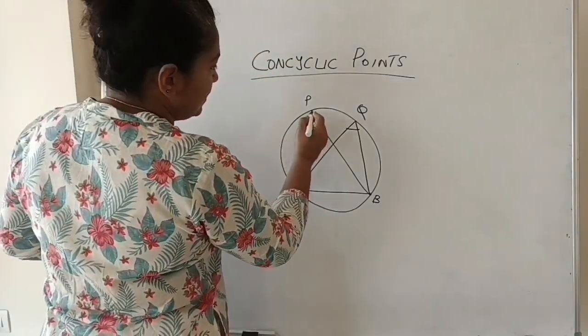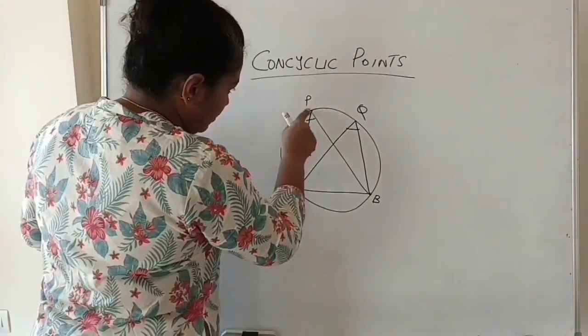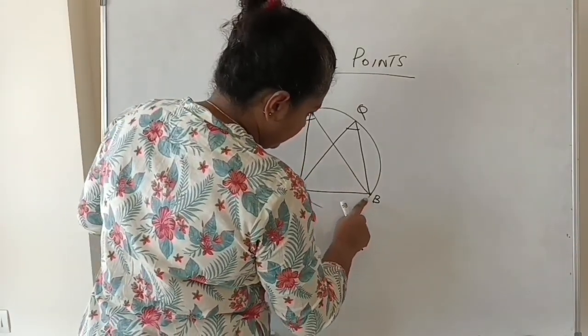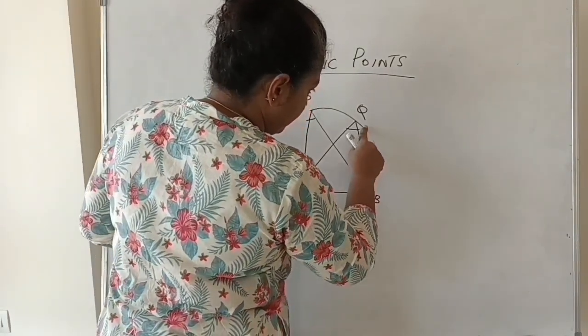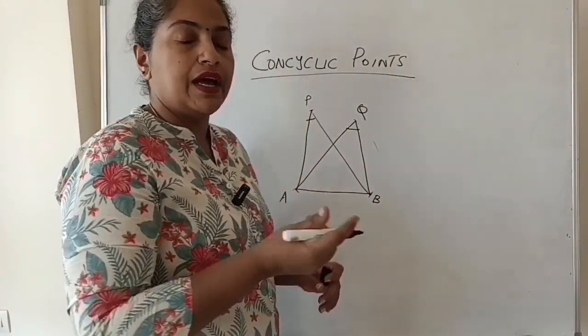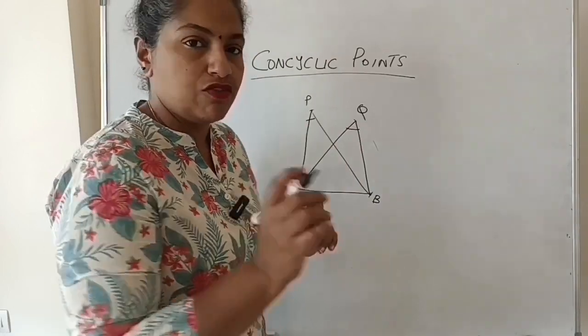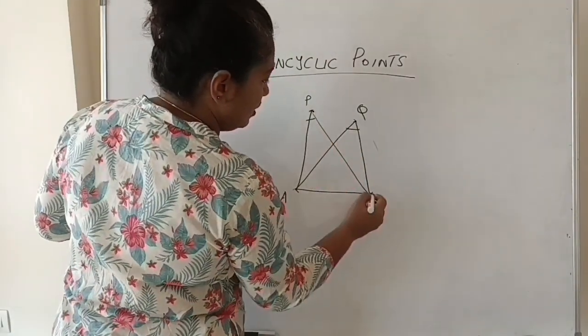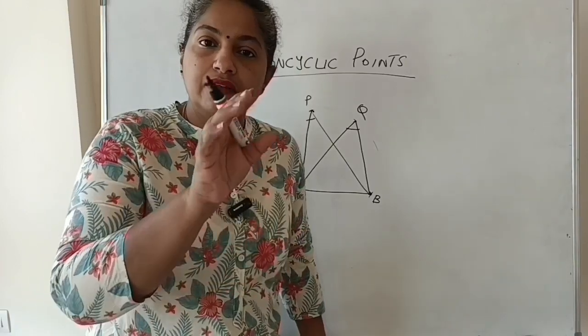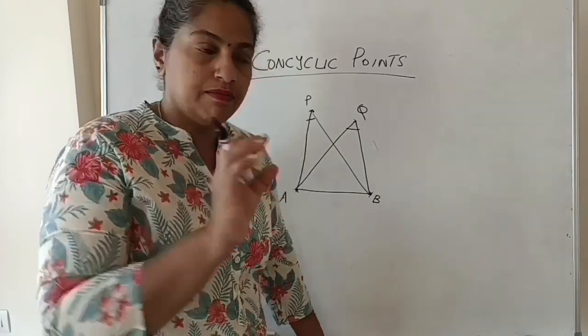Now, if I were to eliminate the circle, the circle is not there. You have a chord and you have two angles over here. So basically you have got 4 points, P, Q, A and B. We just showed that these 4 points lie on a circle.